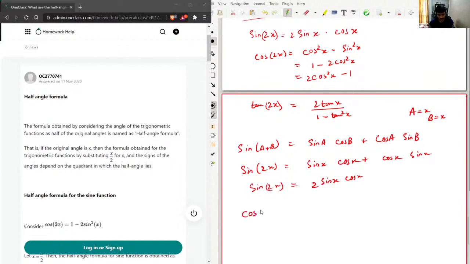Similarly we'll go with the cosine. So cosine of A plus B is cosine A cosine B minus sine A sine B. Again I'll put A and B as x. This will become cosine 2x, and this will become cosine x cosine x minus sine x sine x.